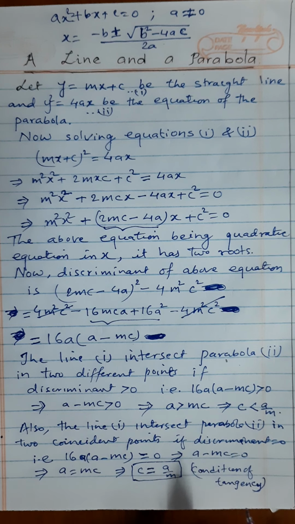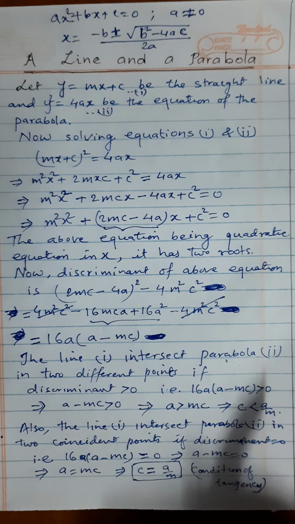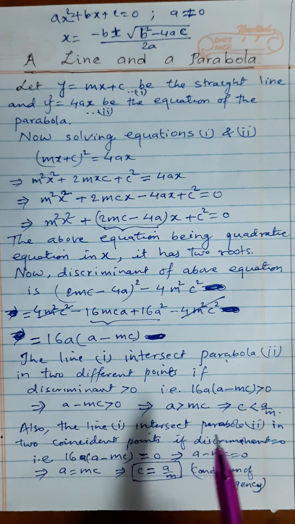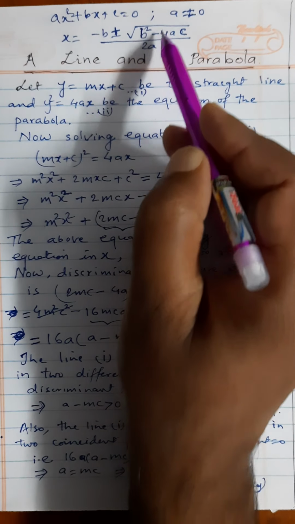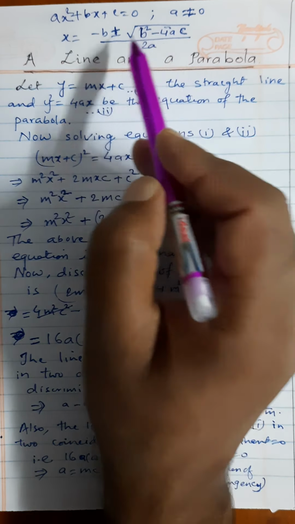And next, if the discriminant is less than 0, the line does not intersect the parabola. Before that I will make this point clear also. If the discriminant equals 0, why does it intersect in two coincident points, or the line just touches the parabola? Discriminant 0 means this b square minus 4ac part is 0, so x has only one value.